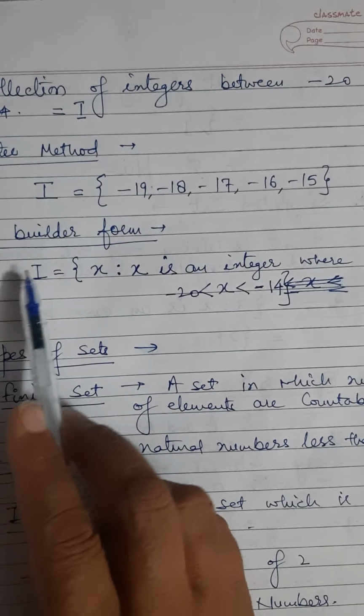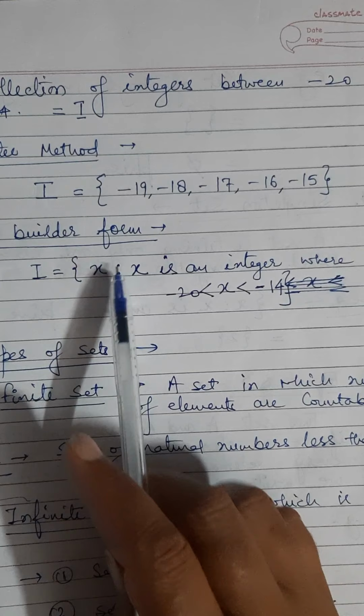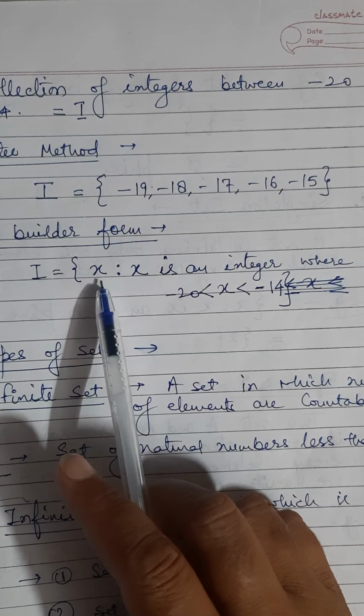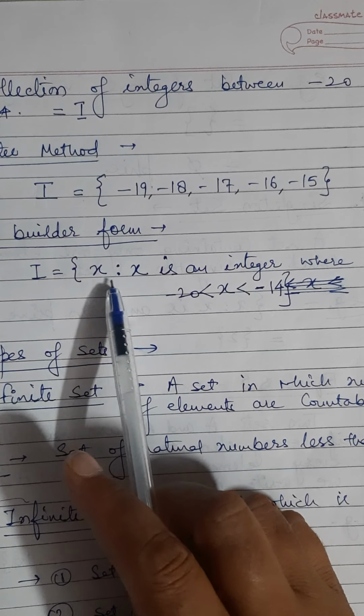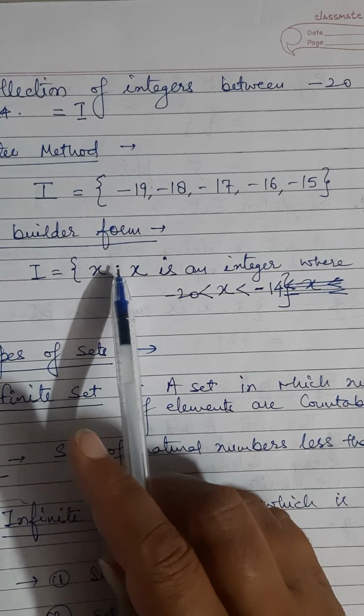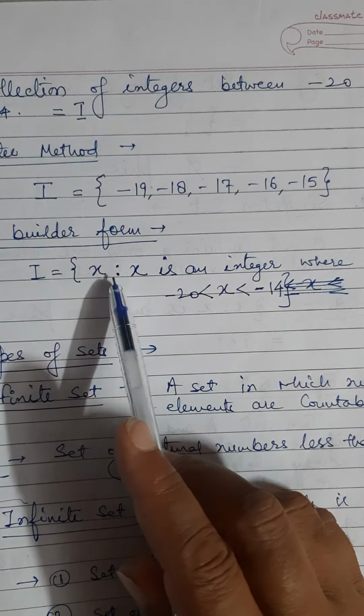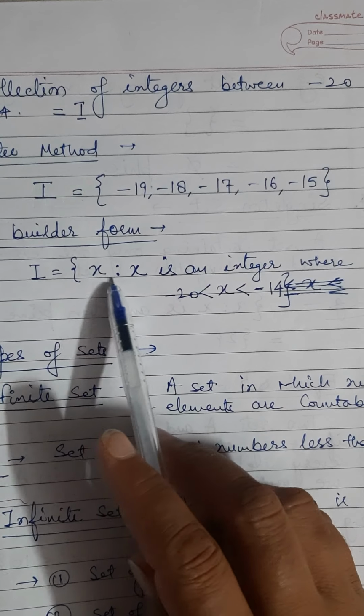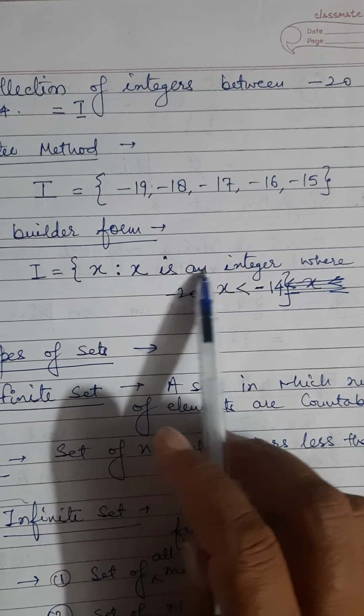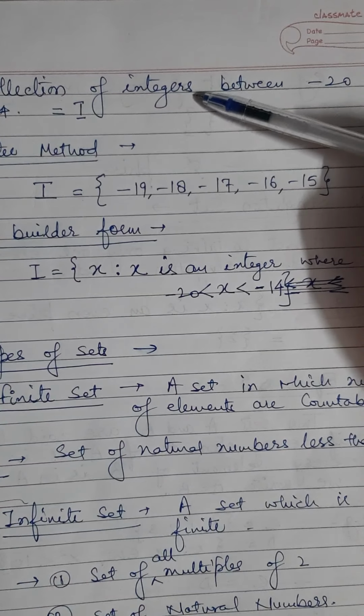Now the second method is set builder form. In set builder form, we have to take a variable, x. Two dots like this in maths are called such that. So x is such that x is an integer, because this is a collection of integers.